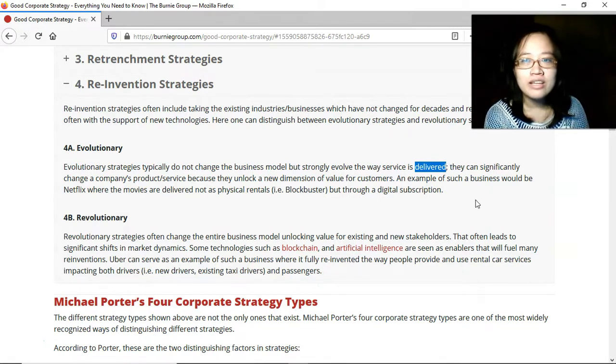They can significantly change a company's product service because they unlock a new dimension of value for customers. An example of such a business would be Netflix, where the movies are delivered not as physical rentals, but through a digital subscription. Okay. Alright.